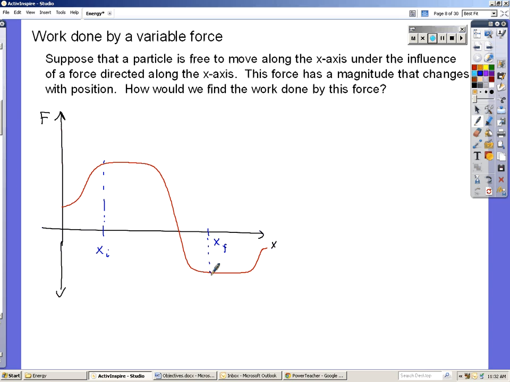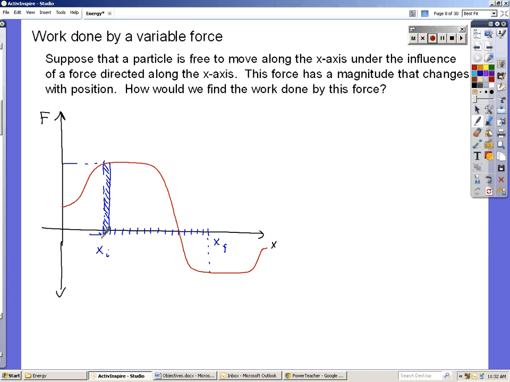Let's think about what's going on. In order to get from initial position to final position, this particle has to go through every position in between. So we've got a whole series of little tiny delta x's. And if we look at that first one, the force is roughly constant over that little rectangle. And so the height of the rectangle is the force.